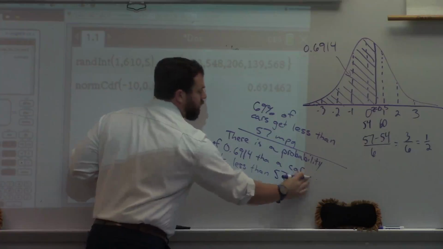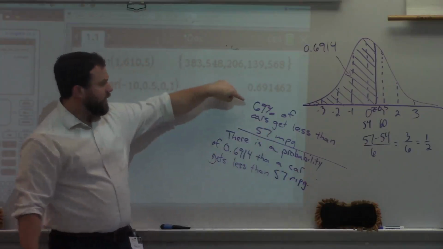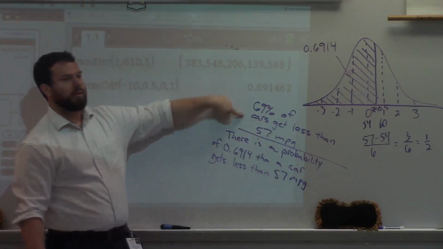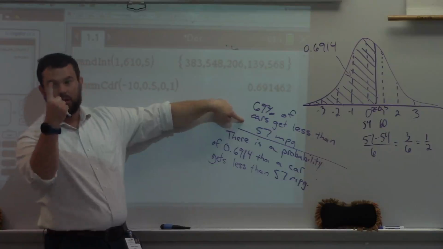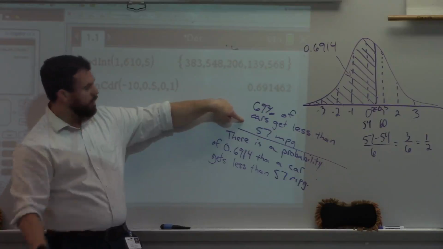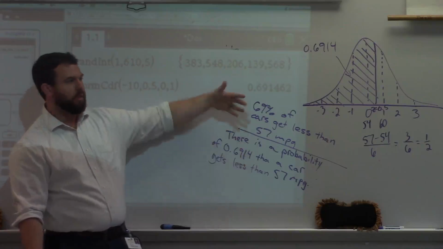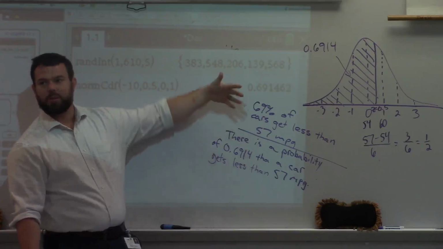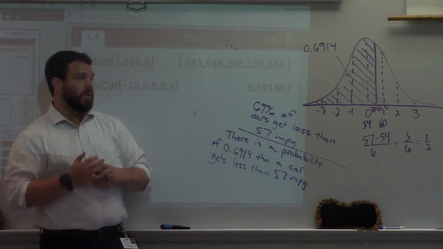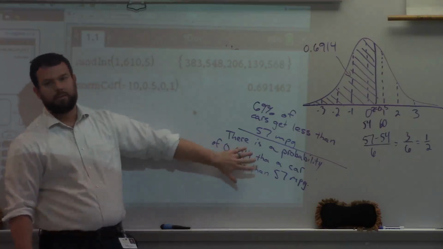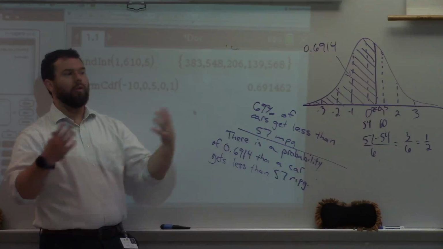So notice the probability and the percent are the same, or very similar, but it's the idea that 69% of all cars get less than 57 miles per gallon. So the probability that one car gets less than 57 miles per gallon is 0.6914. So we see how that probability and that percent of data is very heavily correlated, right? So the probability is just a decimal percent, and it's also for a single thing to happen, whereas a percent is for all the cars.